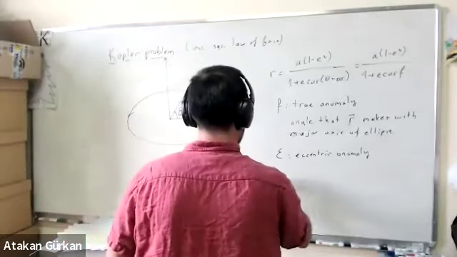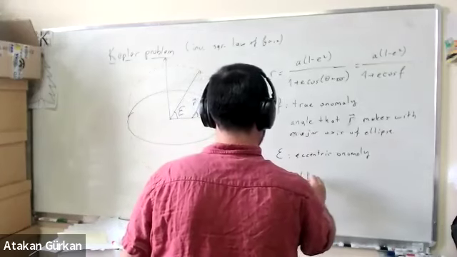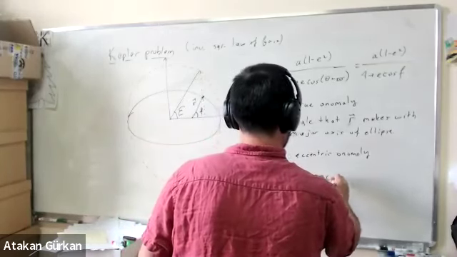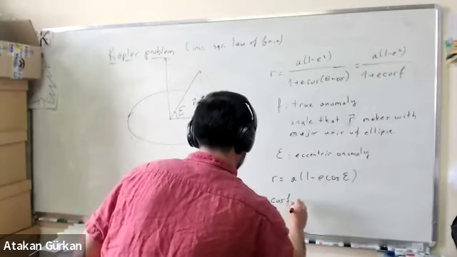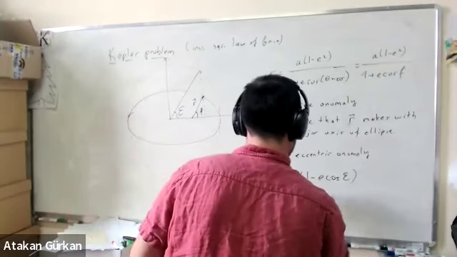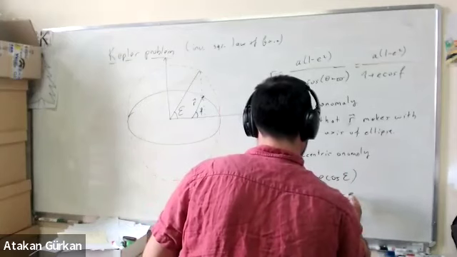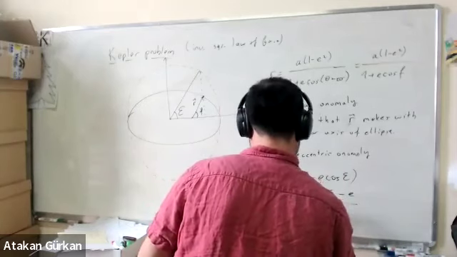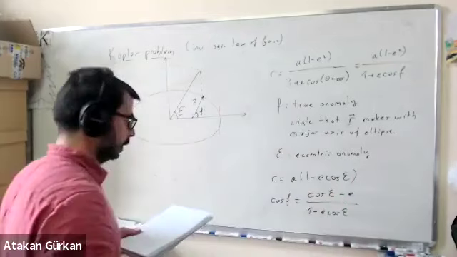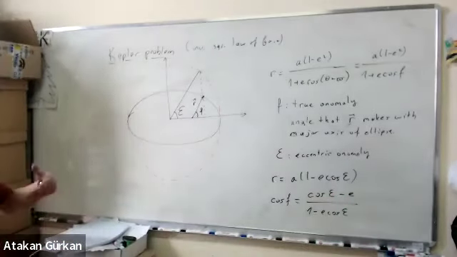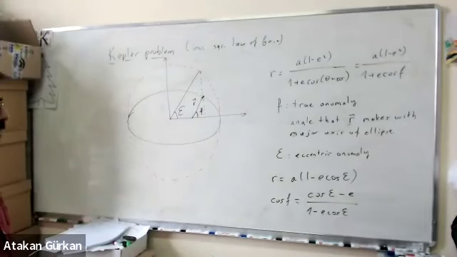For example, the position is given as a times 1 minus e cosine E, or cosine f is given by cosine E minus e over 1 minus e cosine E. Right. There are also relations for the tangent, sine, and so on and so forth, but there's no point in giving you a whole laundry list.